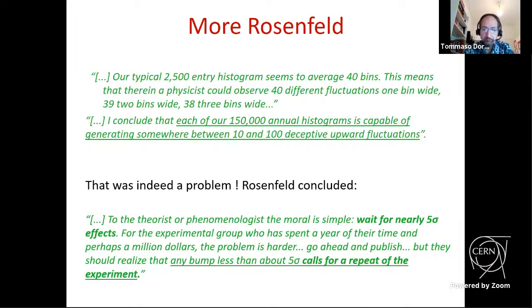But okay, you want to publish, but if you publish, you have to be aware that anything smaller than 5 sigma or so had better be confirmed by another experiment before we are really sure and start drawing conclusions and cooking up theories to embed this new particle.